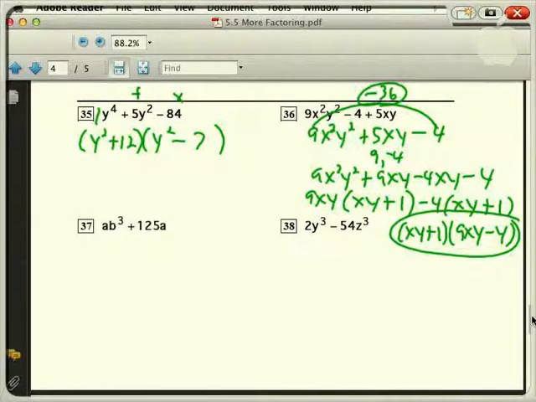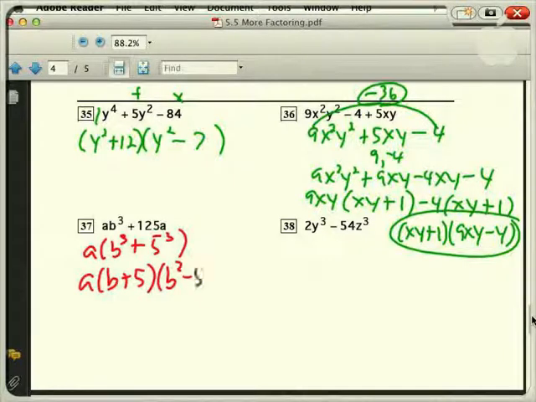Okay, number 37. You can take an a out. And we got the sum of two cubes. So we're going to have a times b plus 5 times b squared minus 5b plus 25. In number 38, you can take a 2 out.